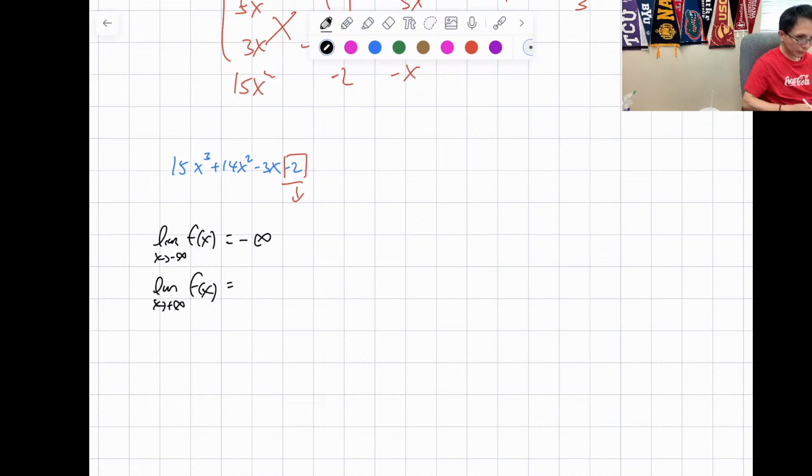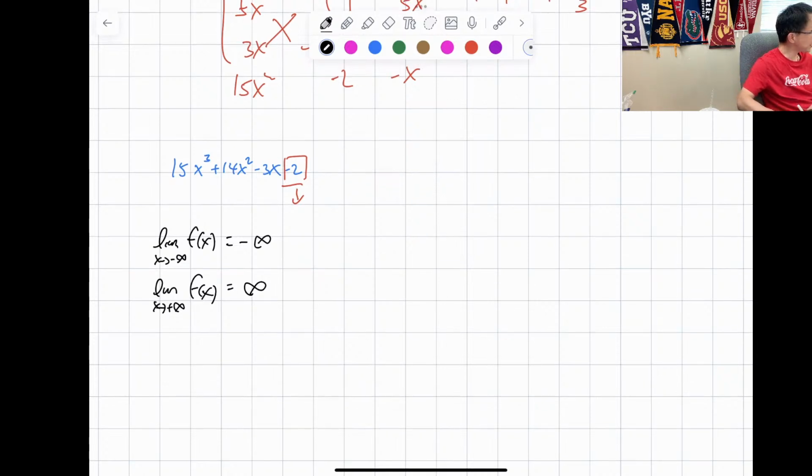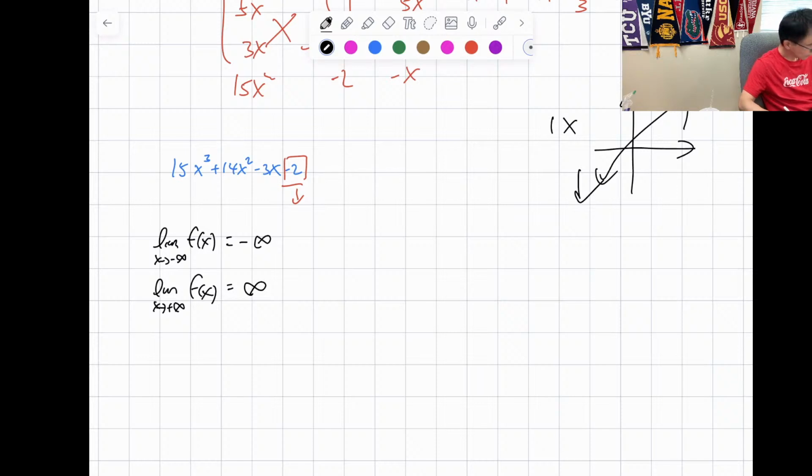And how about the other one? Positive infinity. The reason is 15x cubed is odd. Think about the easiest odd function, 1x. This is odd and positive, and it's going to be like this, so this guy goes down. Does that make sense? Diego, do you follow me? Are you sure?